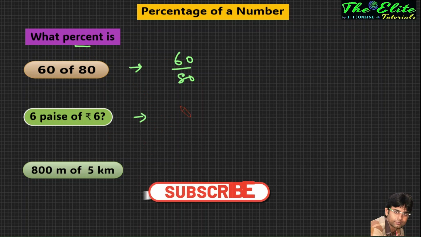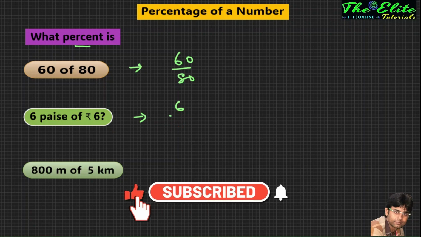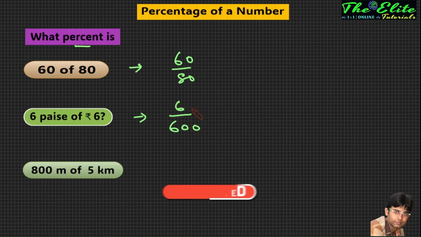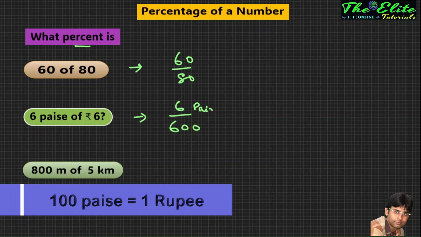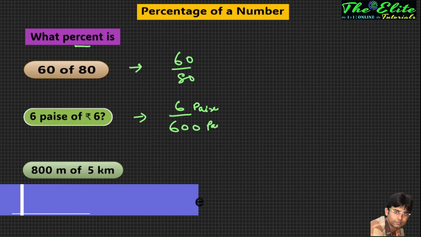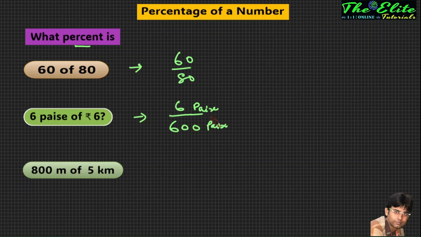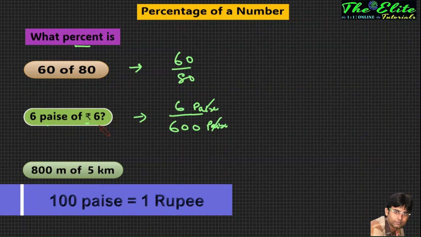You are converting 6 paise out of 6 rupees, which can further be written as 600 paise, because whatever unit is in the numerator, the same unit has to be in the denominator, so that finally you can cancel the units and only the numbers are there. You should know that the percentage of a ratio doesn't have any unit attached to it. That is why we have to use the same unit in both numbers.